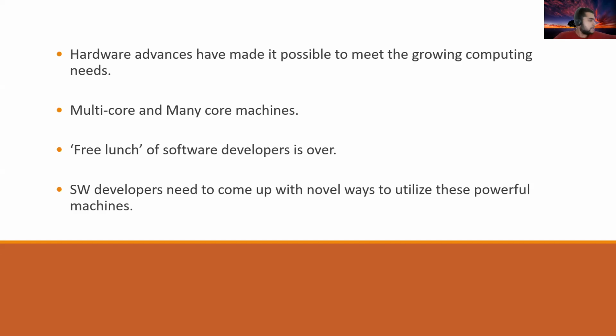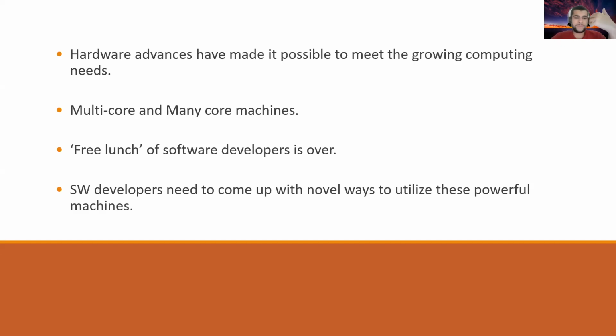So it's said that the free lunch of software developers is over, which means that software developers just cannot sit back with their hands folded and say, I'm doing the best I can, this code just cannot run faster than this on this machine.